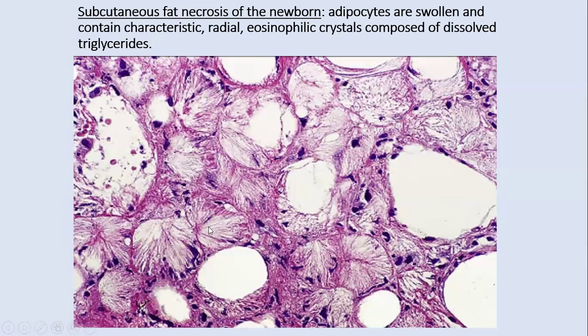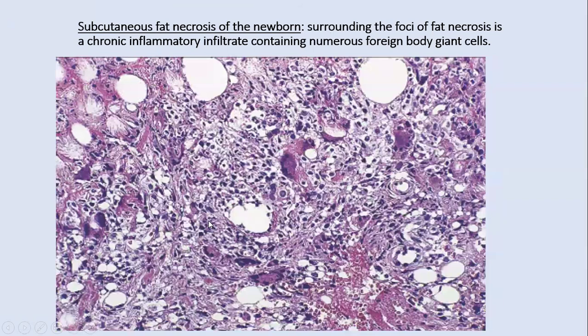So these are radially arranged crystals formed because of dissolving of triglycerides due to cold. Later on, the fat becomes necrotic, surrounded by chronic inflammatory infiltrate with multiple foreign body type giant cells.